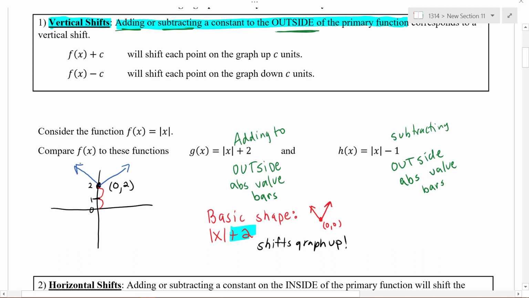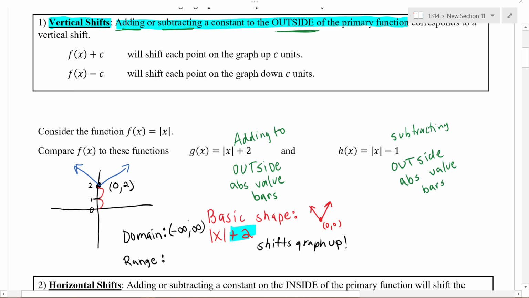Something else that we'll practice doing here as well, and I could ask you on a test, is now that you've shifted it, do you know what the domain and range of that graph would be? We'll give our domain and range of that graph in interval notation. So the domain from left to right would be all real numbers, because we have an arrow pointing left and an arrow pointing right.